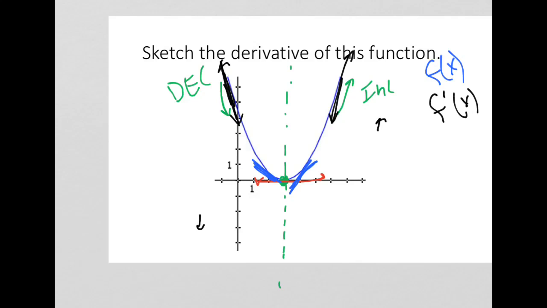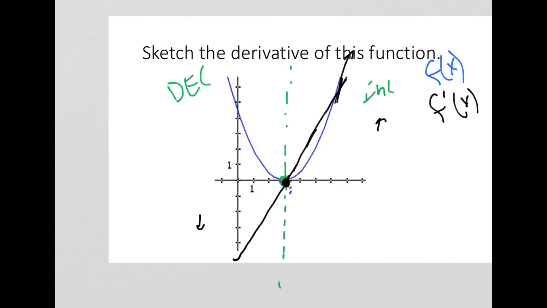And then finally, if you think about that absolute minimum value there of the blue function, well, that slope is 0 there. So at that point, my derivative has to actually cross the x-axis. So I know I'm positive here and negative here, and I know I have symmetry, so whatever it's doing on the right, it should also be doing on the left.